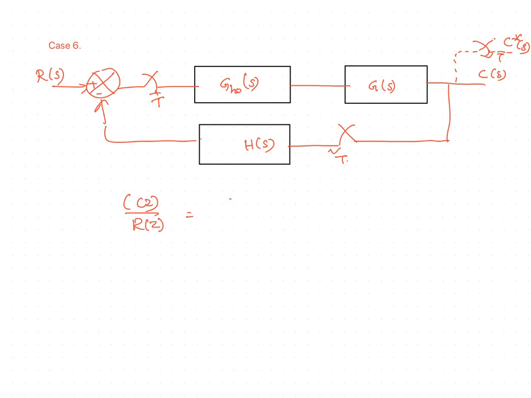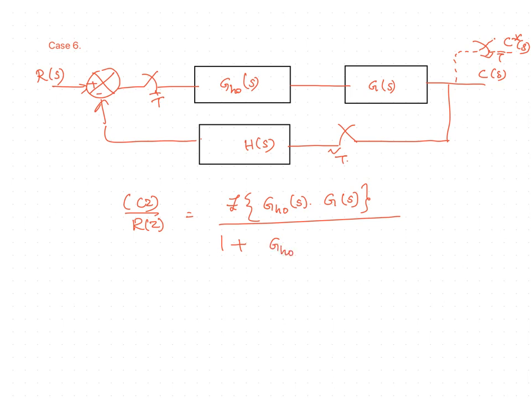Okay, that will be the Z transform of GH0 of S into G of S, because there is no sampler in between, it can be combined. 1 plus, since there is a sampler between G and H, we need to combine GH0 G together, but H should be separated.